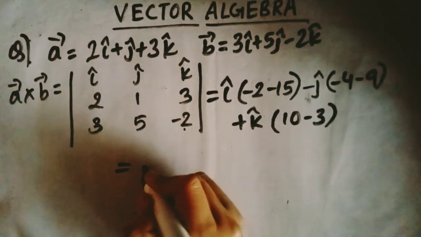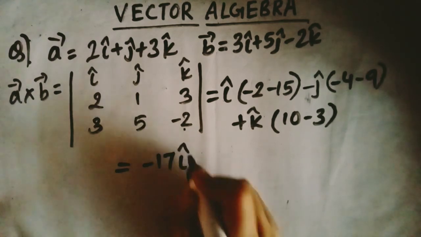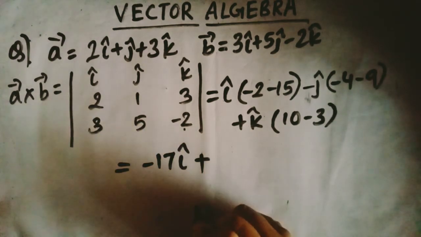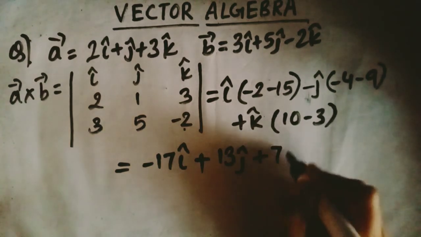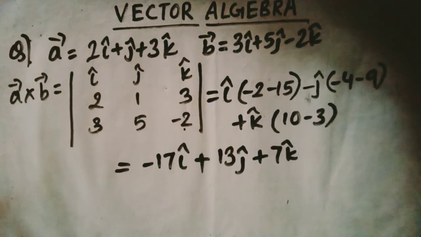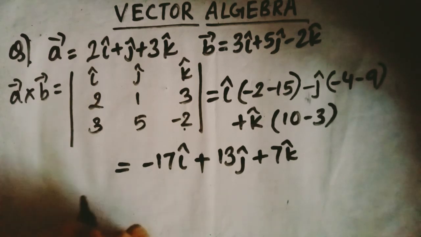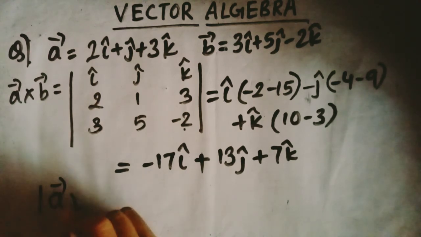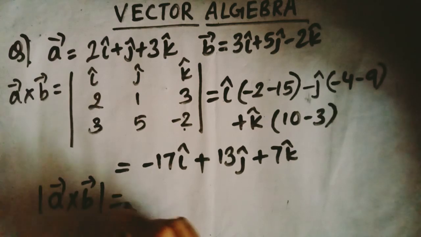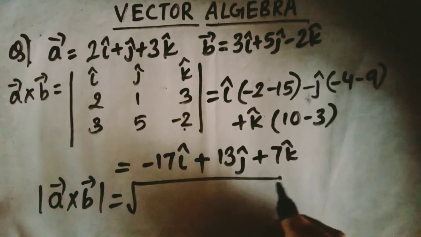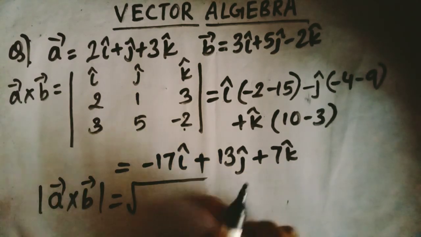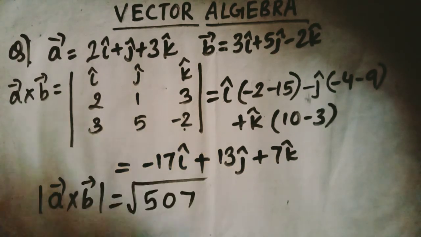So you'll get minus 17i plus 13j plus 7k. Okay, so this is your A cross B, and mod of this A cross B, that is magnitude, is root of 17 square plus 13 square plus 7 square, so it comes to root 507.